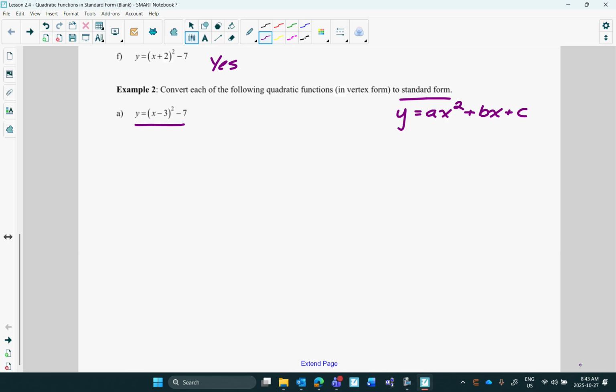Let's multiply it all out and simplify it. What does x minus 3 all squared mean to do? When you're asked to take x minus 3 and square it, multiply it by itself. So x minus 3 all squared means x minus 3 times x minus 3. And you still have a minus 7 at the end.